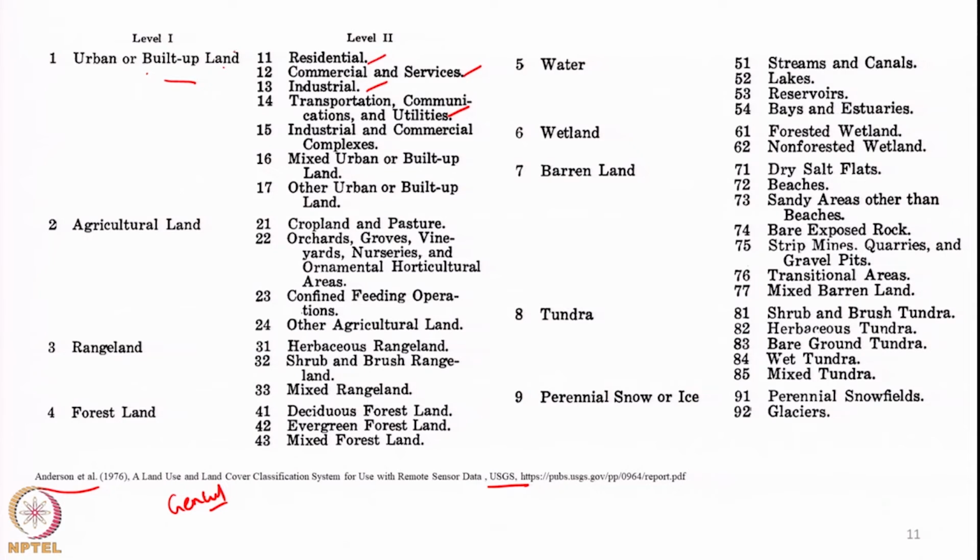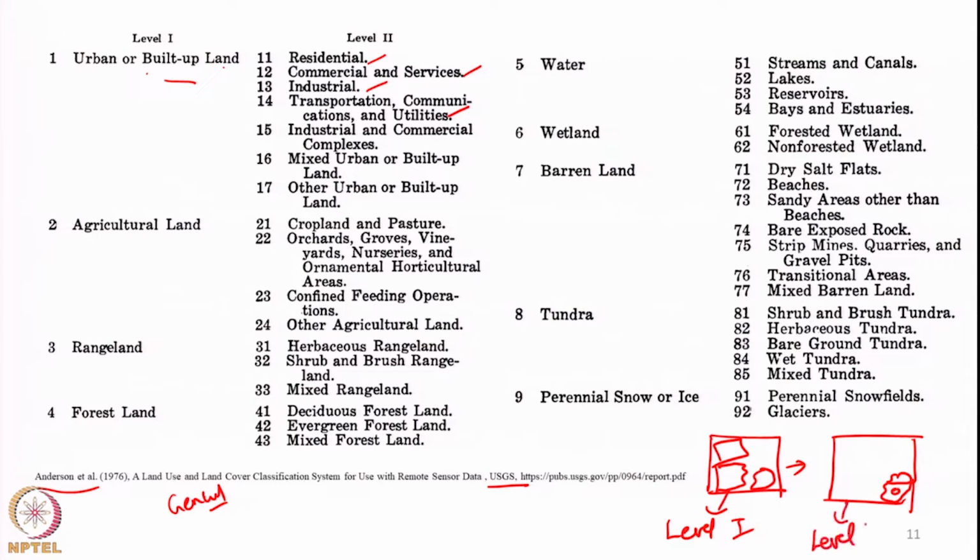If someone stops with just, say, this is my image, I identify this is urban, this is agricultural land, this is forest land, then I call this map a level 1 map. Then if someone says, okay, this is urban, and within the urban this is residential area, this is commercial area, and further goes into this, we call it level 2 classification.